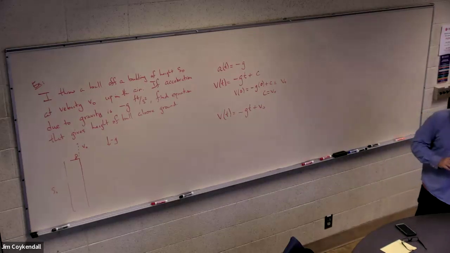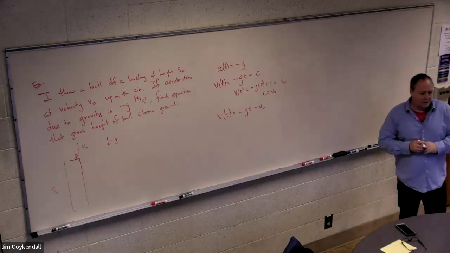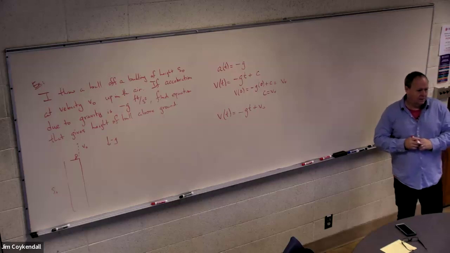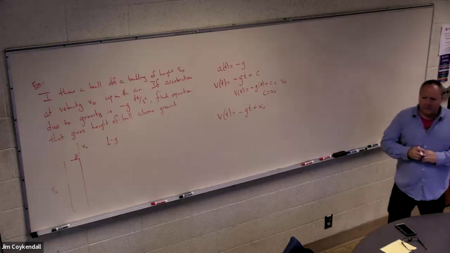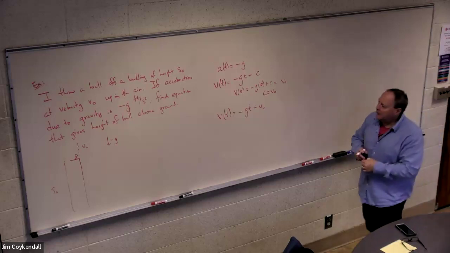Now, what I really want to know is the equation that gives the height above the ground. What's the relationship between position and velocity? The derivative of position is velocity. My position above the ground is measured in feet, velocity is in feet per second.